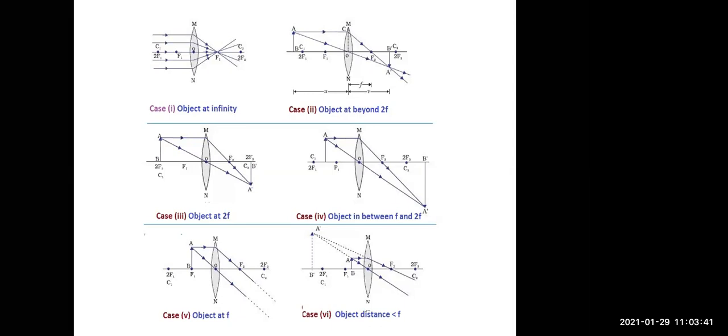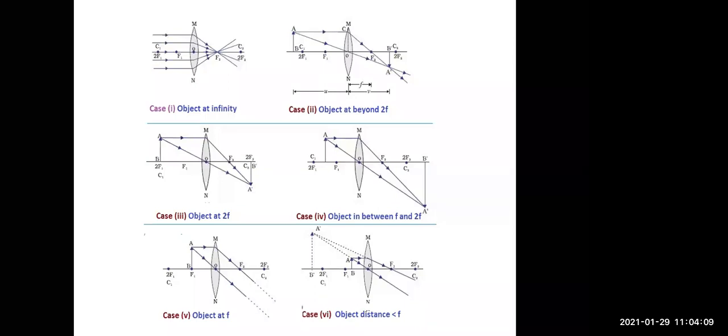Then the second incident ray is passing through the optical center. So according to rule number 3, whenever the incident ray passes through the optical center, it will pass without changing its direction. So you can see both the refracted rays moving further, but on paper it is not possible to show the intersection.